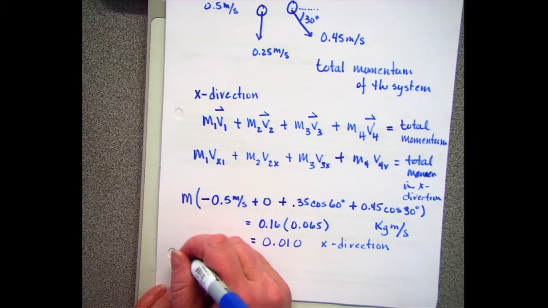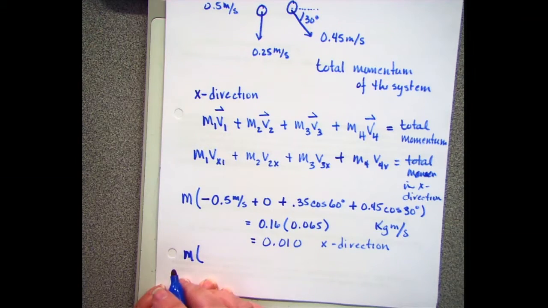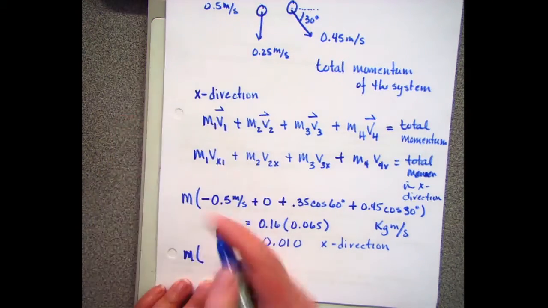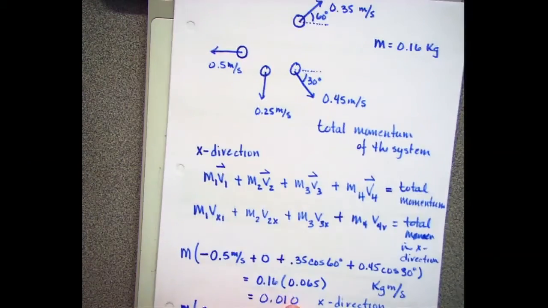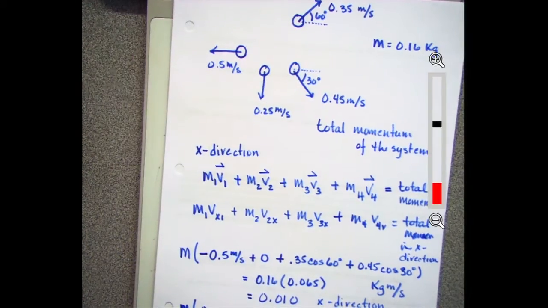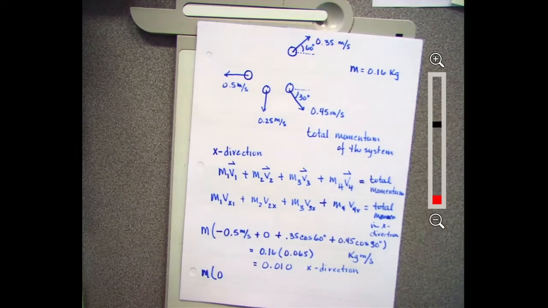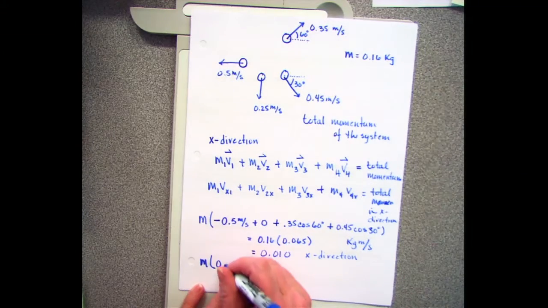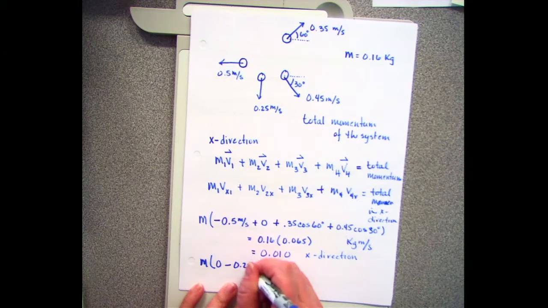I can do the same thing for the Y direction. This one has 0 in the Y, it's only in the X. That one has me a negative 0.25.